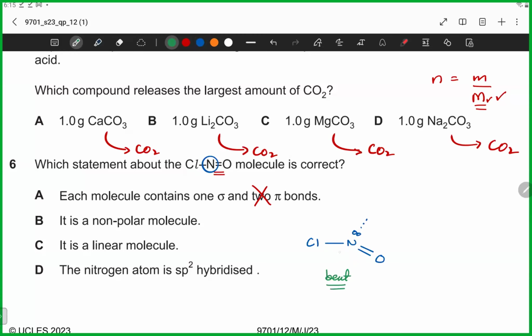Okay, and the angle is going to be what, 120 degrees or slightly less than 120. Okay, so it's not C.